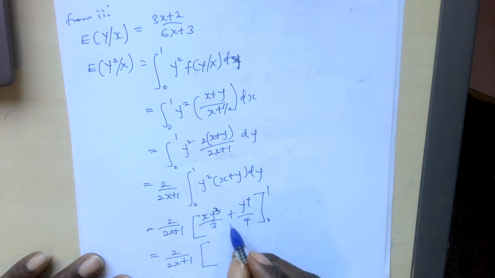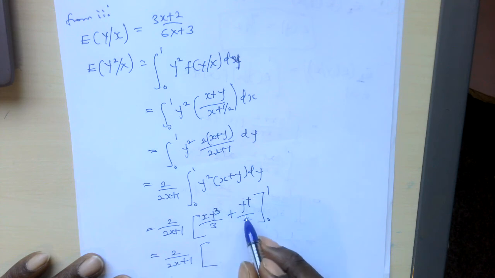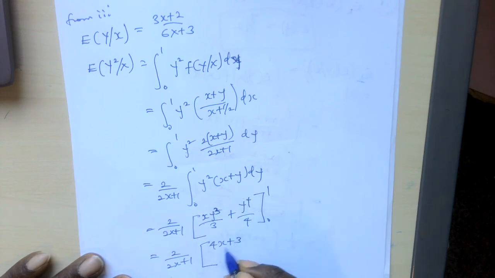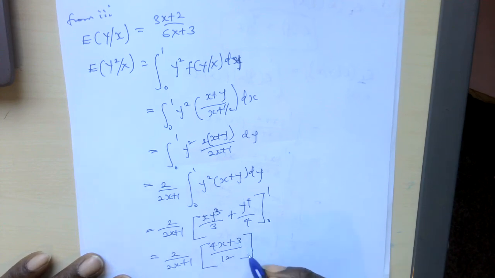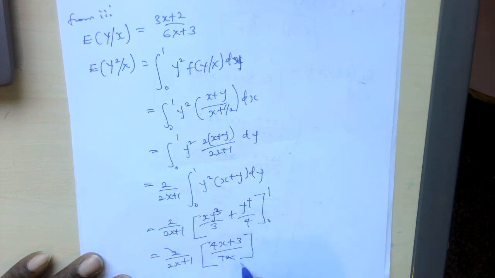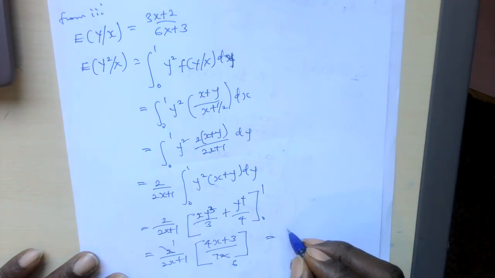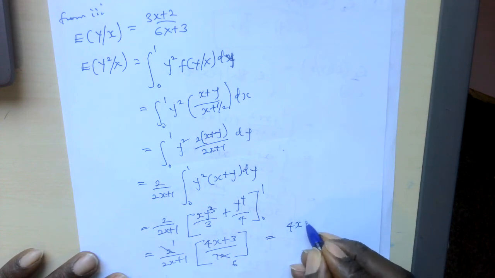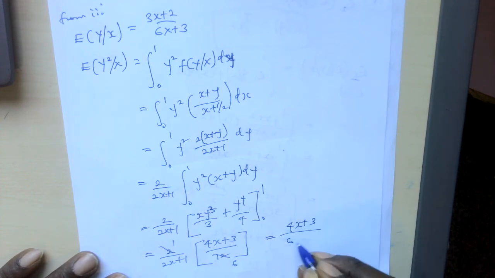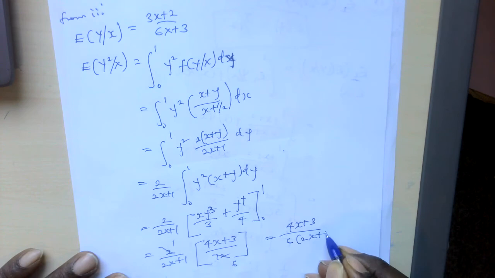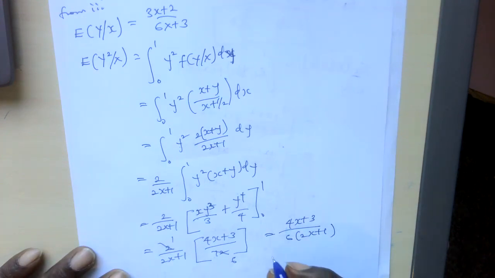So find the LCM, add this together. Once you add this together, I'll substitute 1 for each y. You get 4x plus 3 over 12. So this gives us 6 here, and this here 1. So you have 4x plus 3 over 6 times 2x plus 1, right?